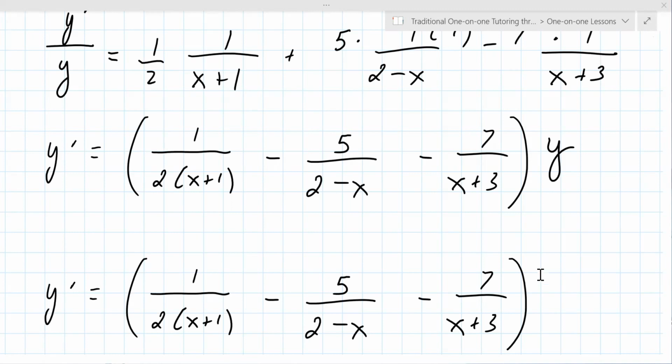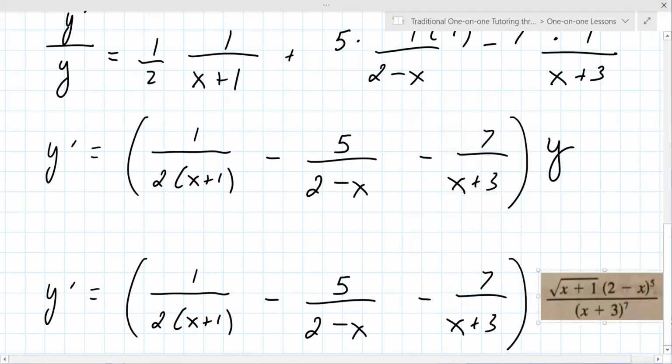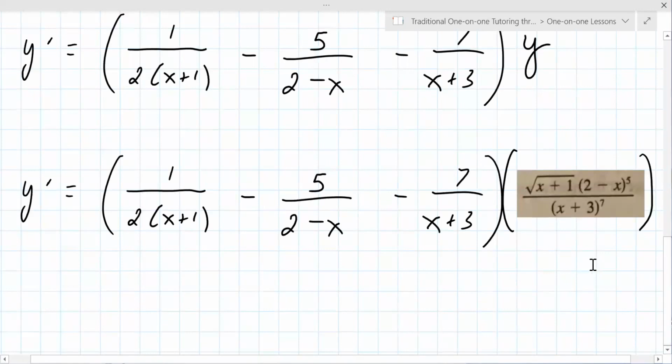This is a good exam question because if you didn't practice this, you would potentially use quotient rule and really make a mess of it. But this is the best way of writing the answer for this one. They want you to use logarithmic differentiation for this.